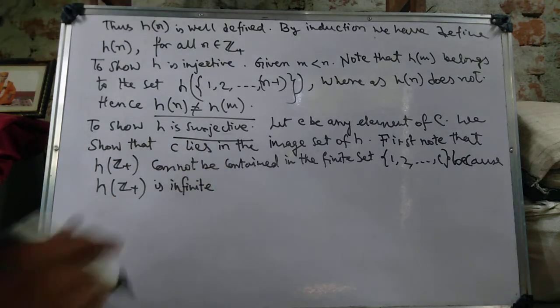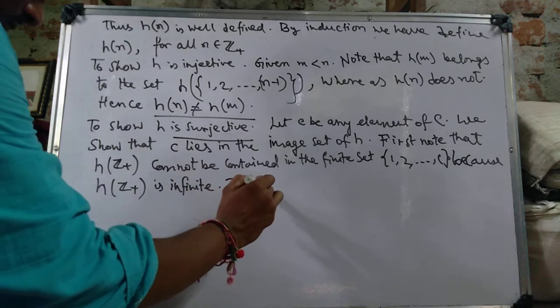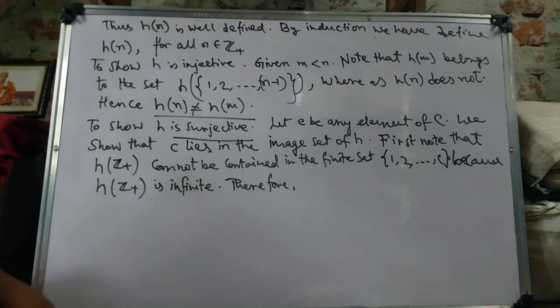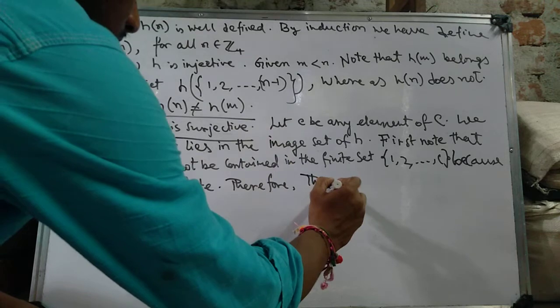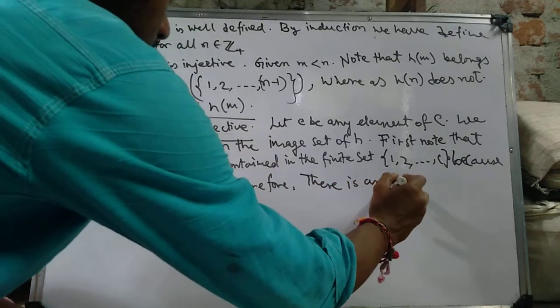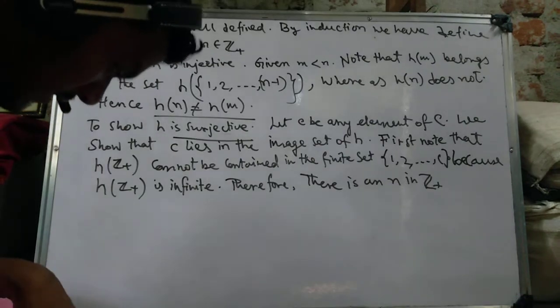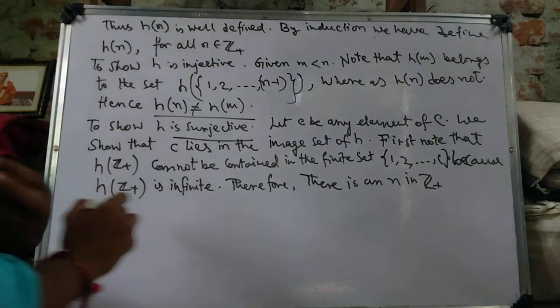Therefore there is an n in Z⁺ such that h(n) is greater than c.